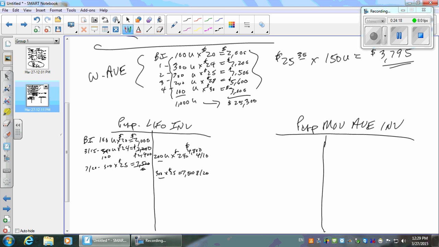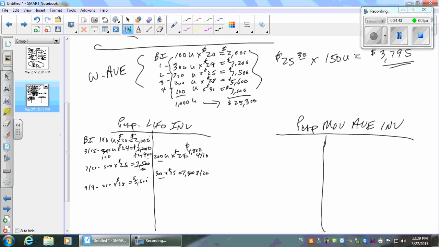That layer's completely gone. Then the next date, I guess, is September 4th. 228. 5,600. So I now have 3 layers again. 2,000 from the beginning, 2,400 from the first purchase, 5,600 from the last purchase.